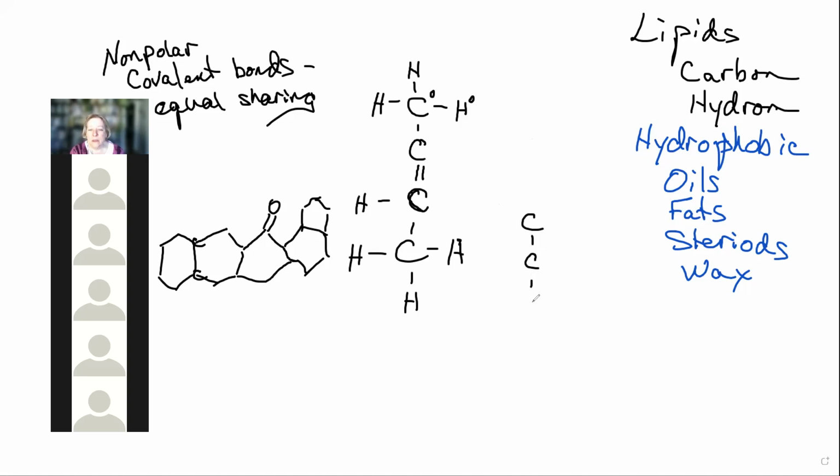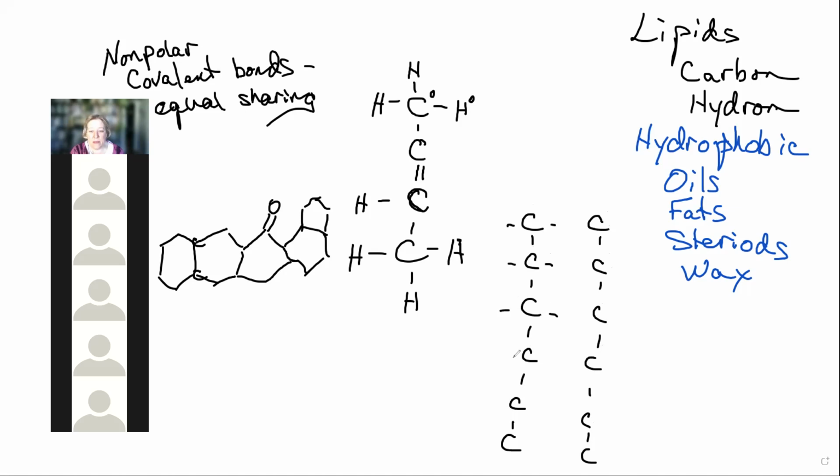So phospholipids, which are a major component of cell membranes, have these fatty acid tails or legs. So I'm not going to draw them all. There can be between 12 and 15 carbons with a bunch of hydrogens attached.